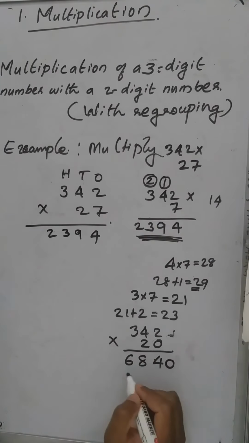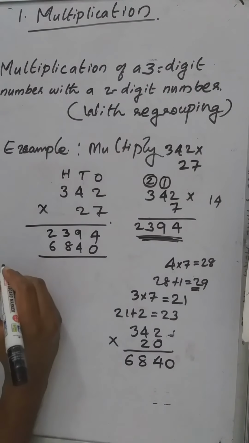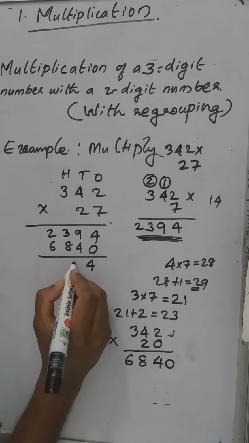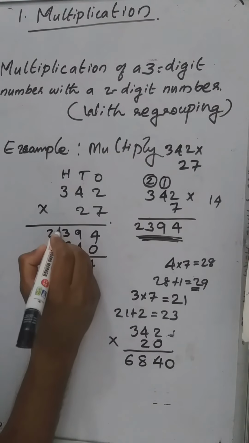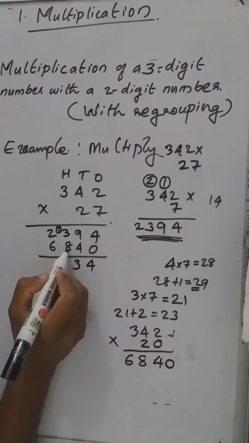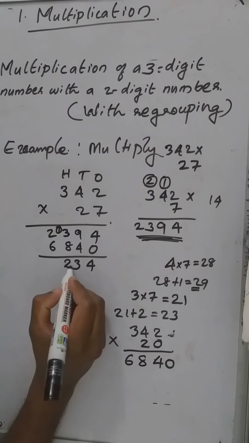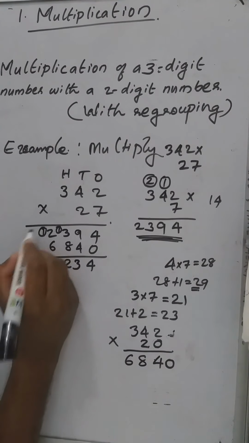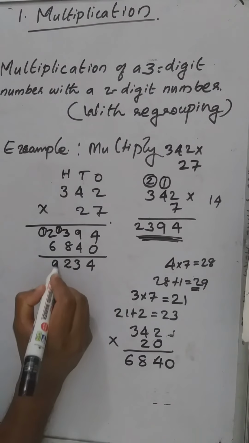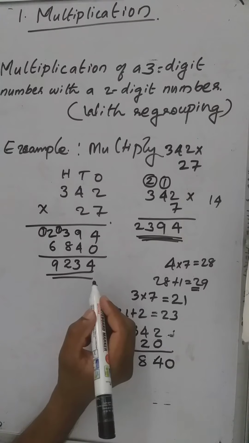Here you write 6840. Now we can add 4 plus 0, 4, 9 plus 4, 13. You write 3 and 1 carry forward to this 3, and 3 plus 8, 11 plus 1, 12. You write 2 and 1 carry to this 2, then 2 plus 1, 3 plus 6, 9. So the answer is 9234.